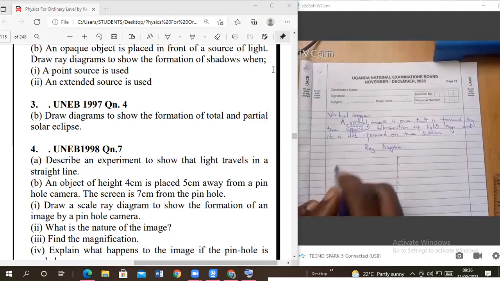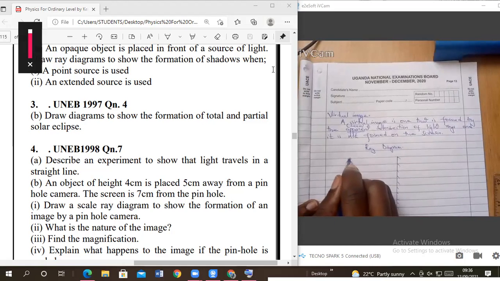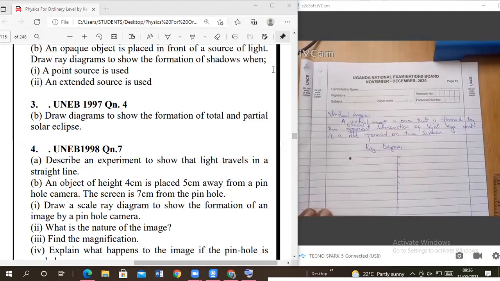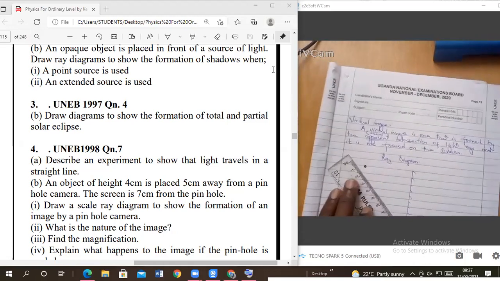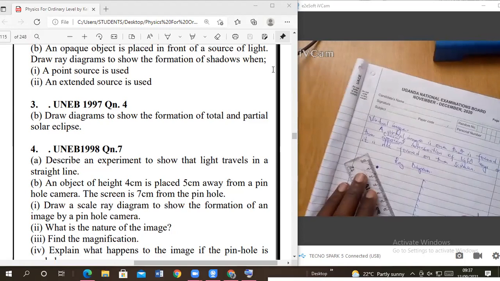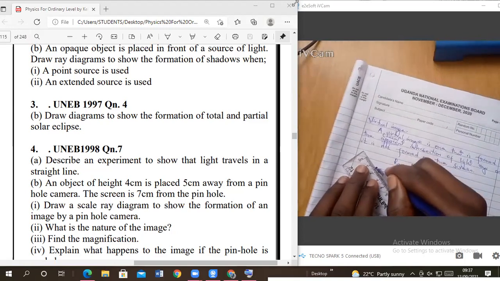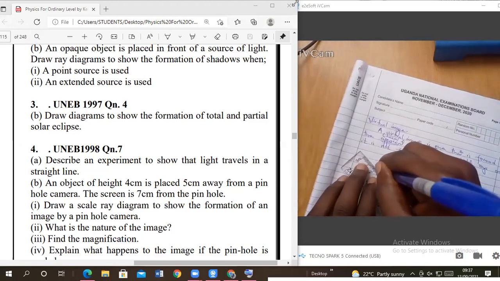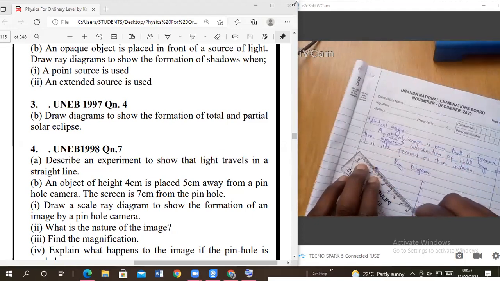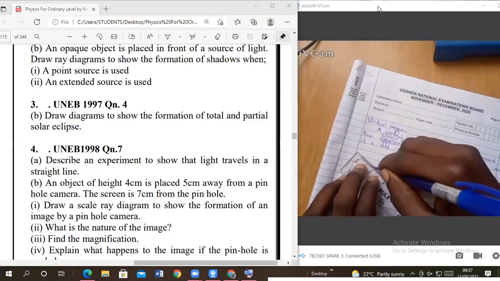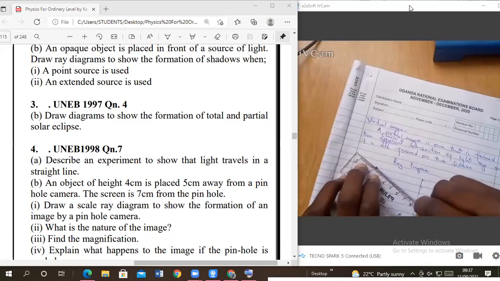I'm assuming I have an object here, in front of the mirror. Rays of light from the object will come like this, like that.